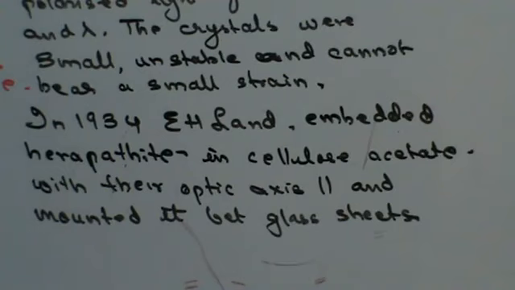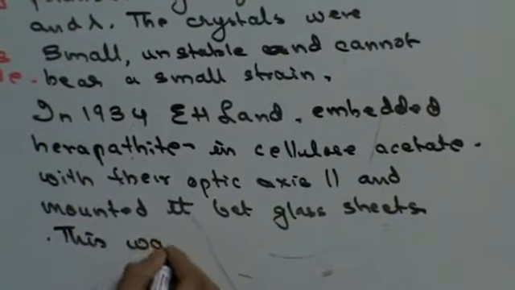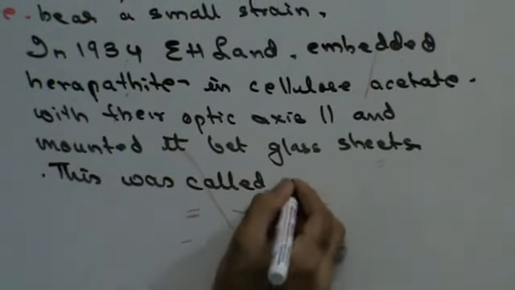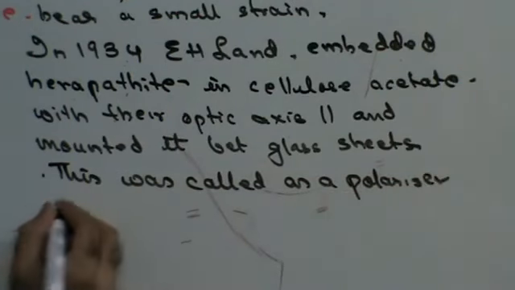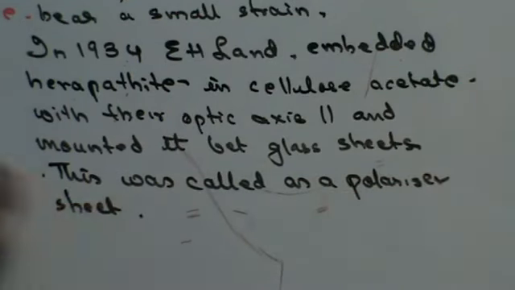And this was called a polarizer sheet. And these were then called Polaroids. Fine, do we get this thing here? So that's how Polaroids were made.